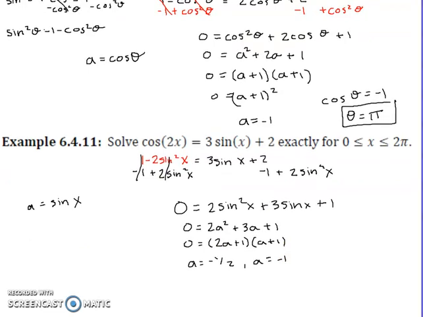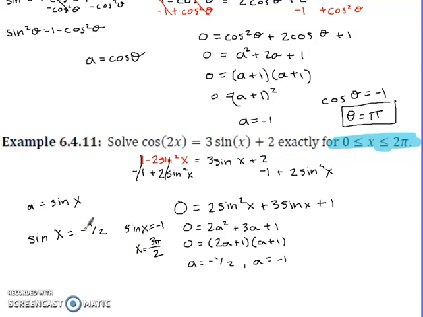So my two values for sine then are -1/2, so sine of x is -1/2, or my sine of x could be -1. On the interval from 0 to 2 pi, my sine value is -1 at 3 pi over 2. So my first solution for x is that x could be 3 pi over 2.